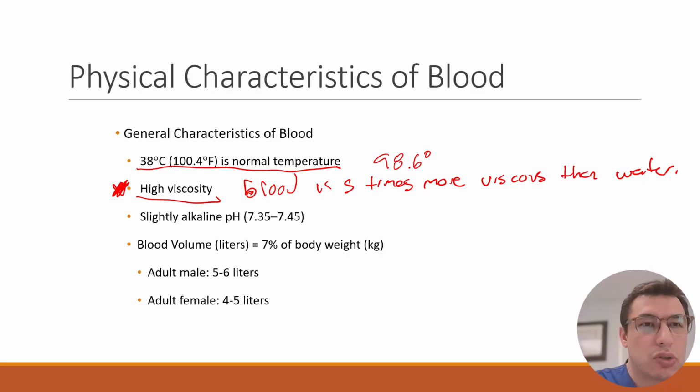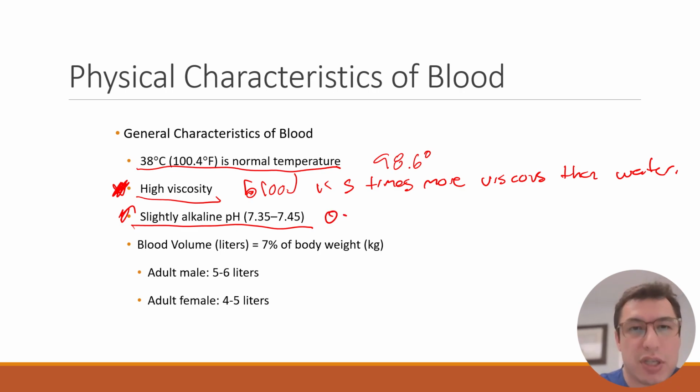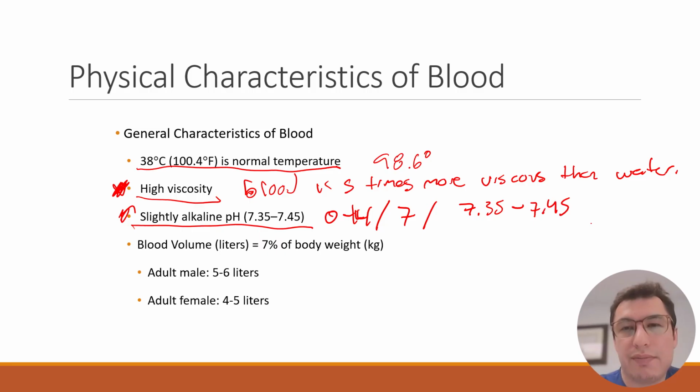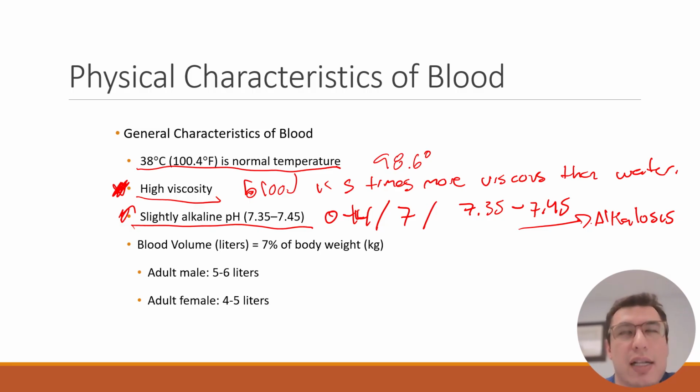Now you should also understand that blood is slightly alkaline. The pH scale goes from 0 to 14. 7 is neutral, and blood is in the range from 7.35 to 7.45. If your pH goes above that, we term this an alkalotic state. The patient will have alkalosis.